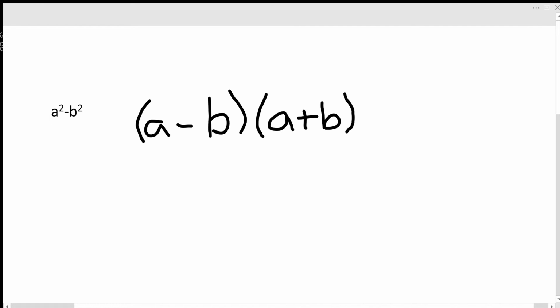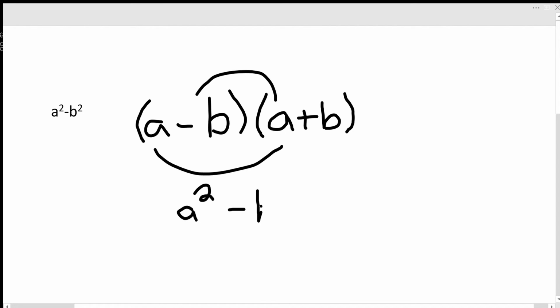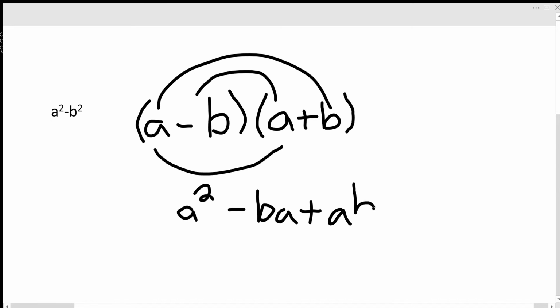So it's very simple, and we can see if we multiply this out, we'll have a squared, and then we'll have our negative b times our a, negative ba, a times b, positive ab, and last of all, we'll have negative b squared.